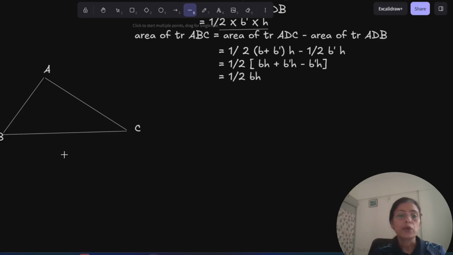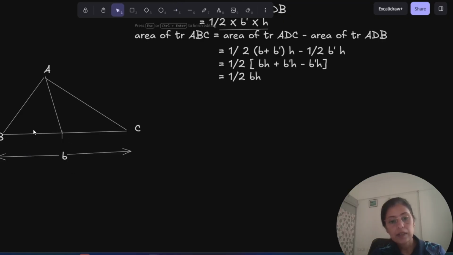Now what I'll do is, I'll take the midpoint of BC. This is the midpoint of BC. And I will join A to the midpoint of BC. So if this entire length of the base of the triangle was B, this point I'll call it as D.